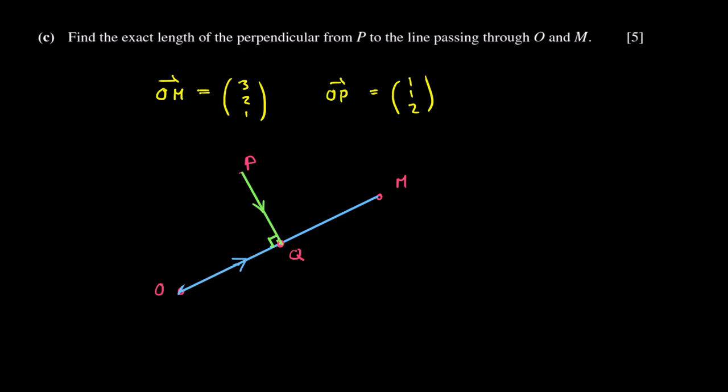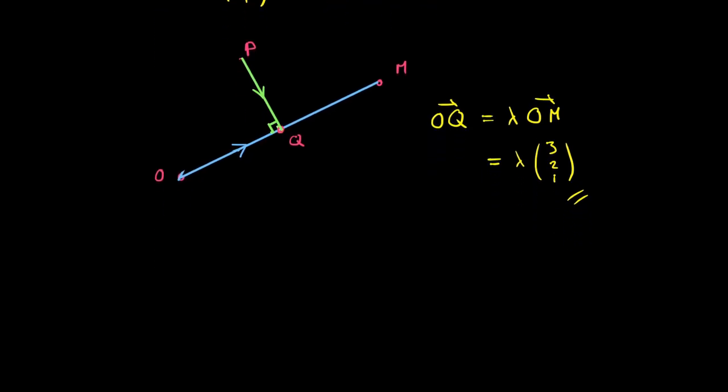So firstly, we need to find what OQ is. Well, OQ is just a fraction of the distance along the line OM. So OQ is some distance along that line OM. We just don't know what it is, so we're going to call that constant lambda. So we can write OQ as lambda times OM, which is therefore lambda times (3, 2, 1). If that's the case, then we can find the vector PQ. What will PQ be?